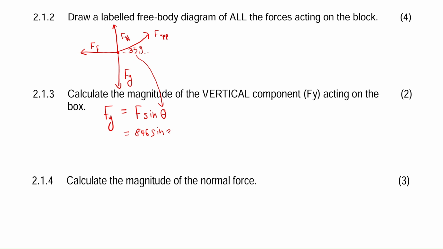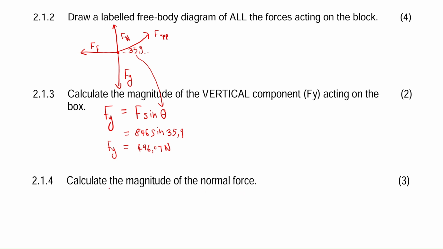We are going to place it over there as 35.9. So we have 846 multiplied by sine 35.9, and we get a force, a horizontal force, apologies, a vertical force of 496.07 newtons.